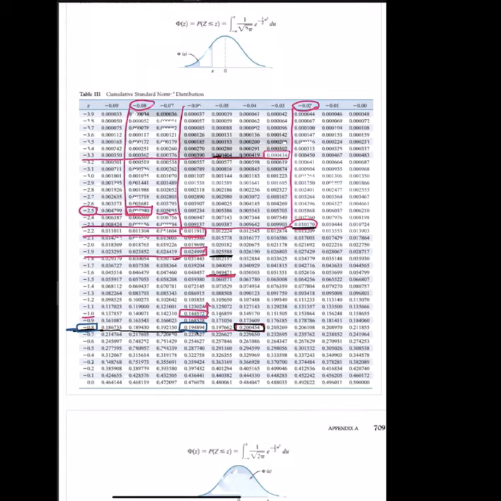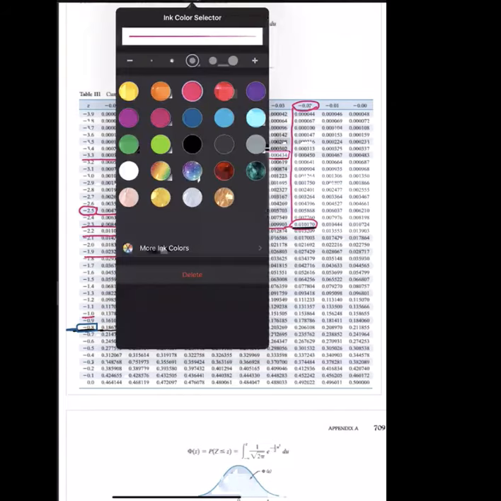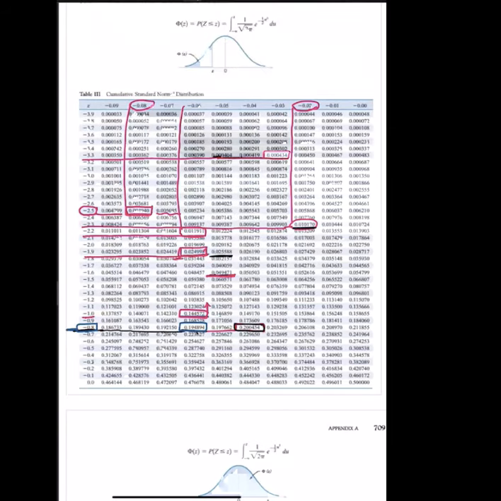So 0.025 is the closest we can find in the table, and it corresponds to this value, minus 1.96.